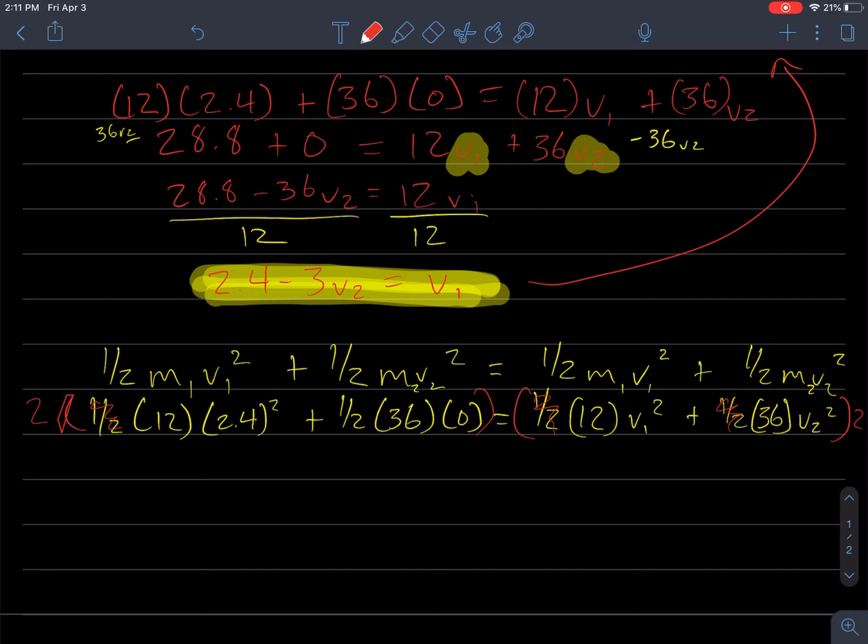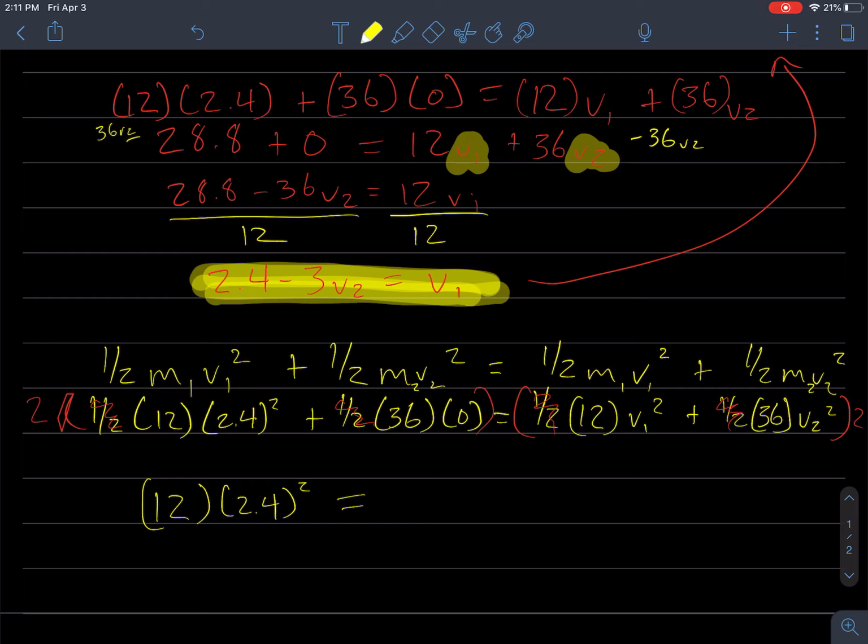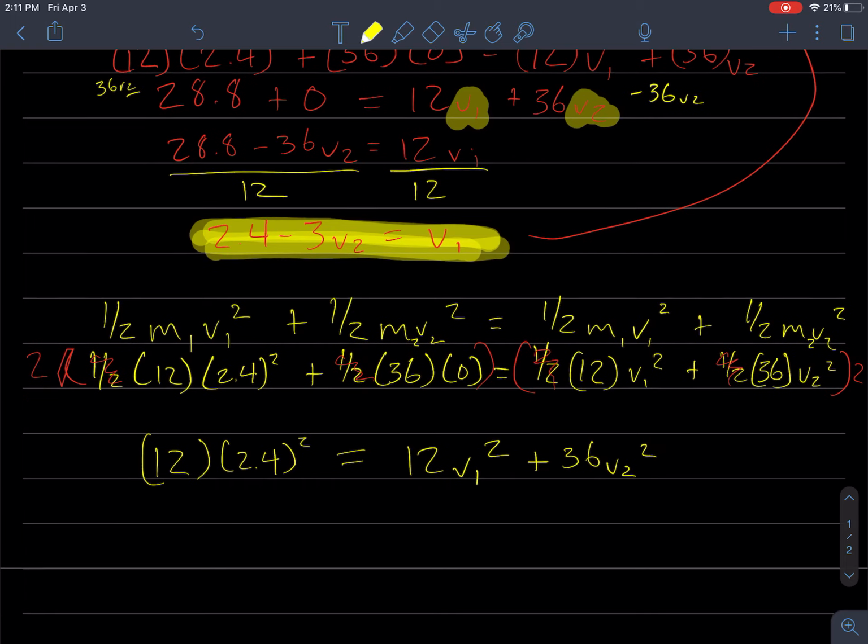So that gets rid of that. So then we have 12 times 2.4 squared plus 0. Right, so that's all done for. 12 V1 squared plus 36 V2 squared.